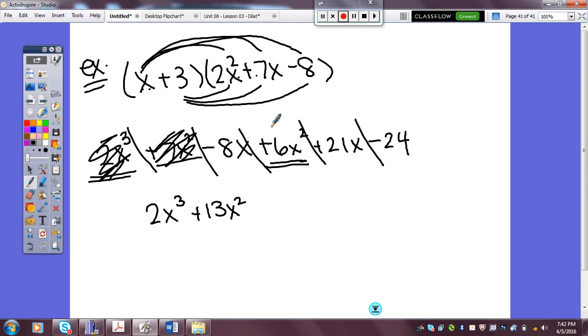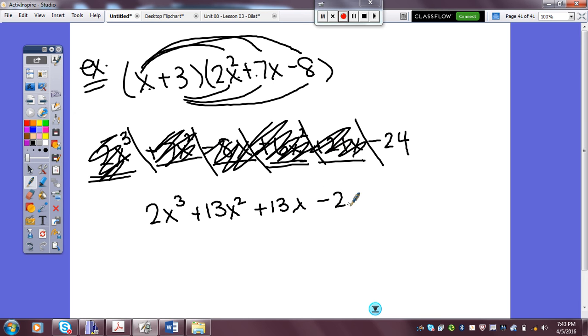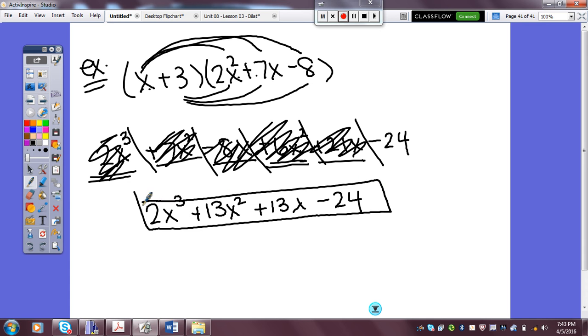I'm not multiplying. Negative 8x and 21x make 13x. Negative 24, I can't combine with anybody, so he gets written on the end. Keep in mind, your answer must be in standard form.